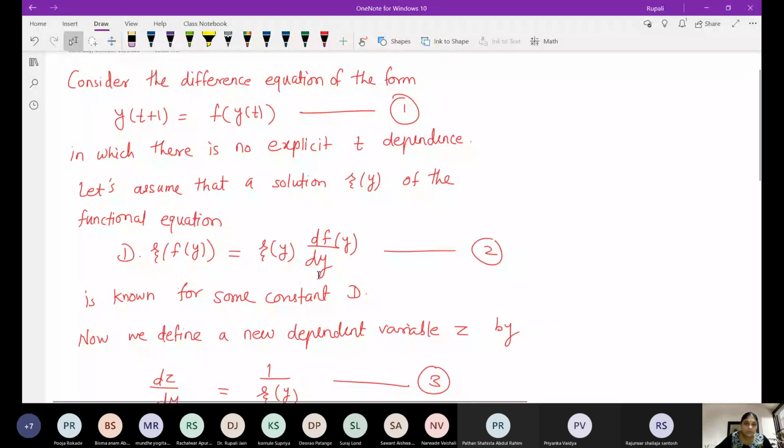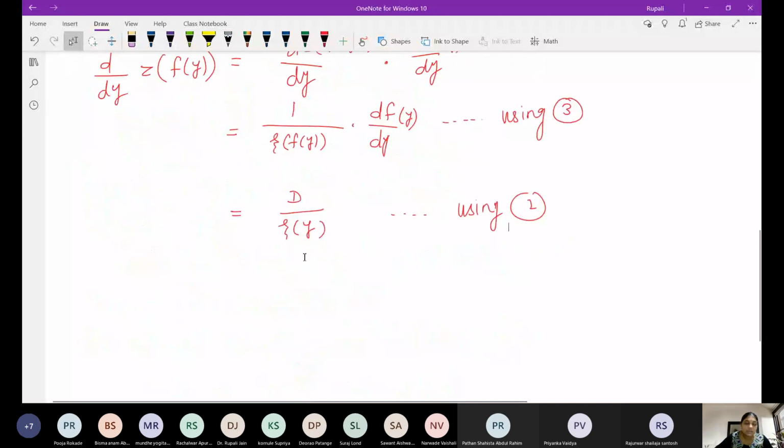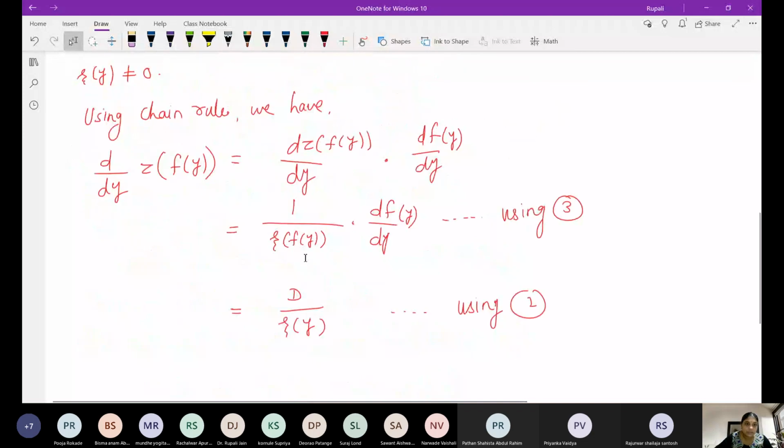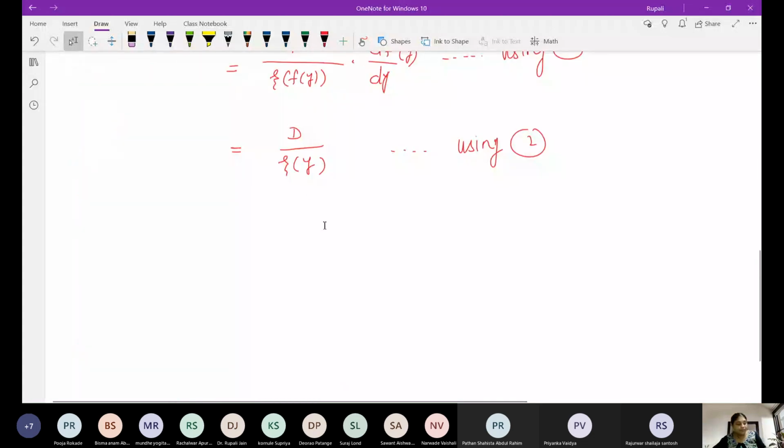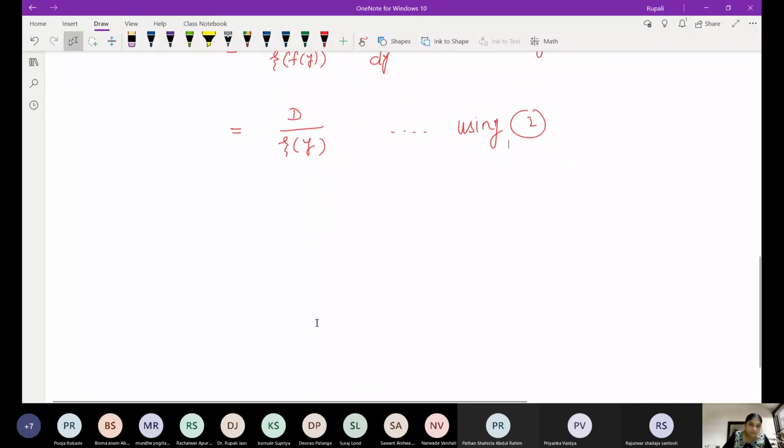So this term I can write as d upon xi y, right? d upon xi y is nothing but 1 upon xi of f of y d f of y by dy, and using 2 I can write it as d upon xi y. But 1 upon xi y I can write as dz by dy, right? So this is by equation 3.